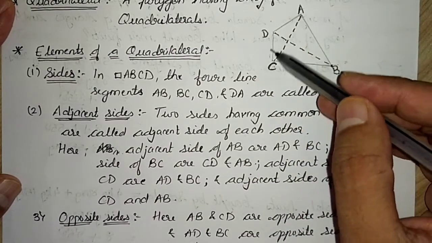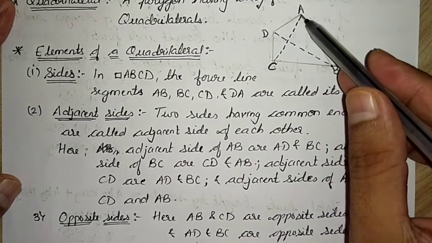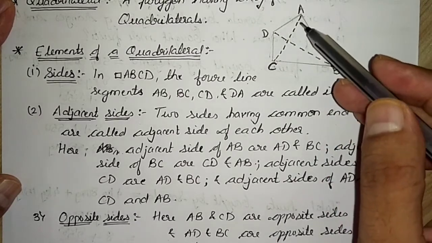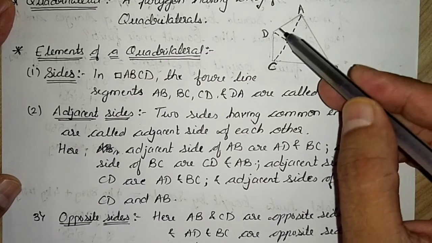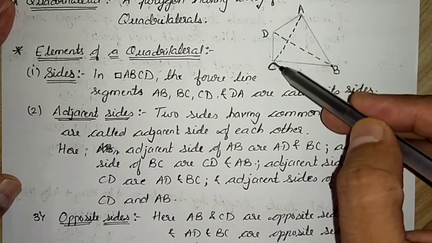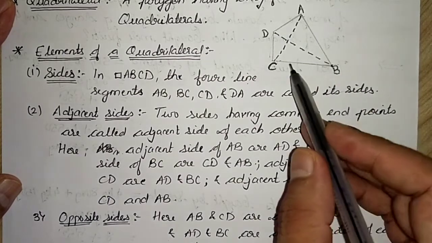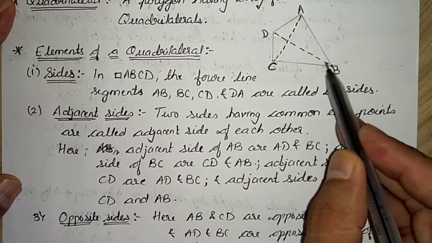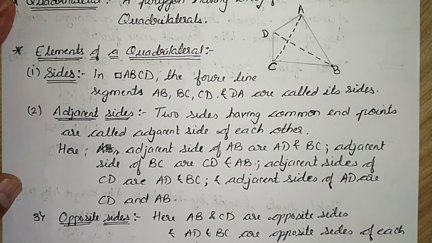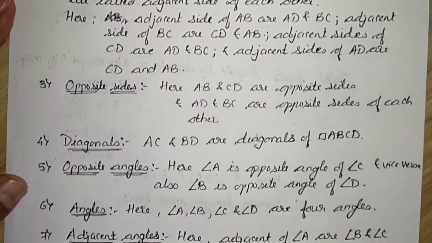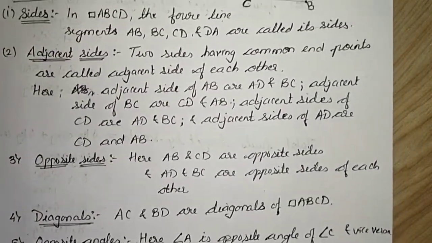Similarly, adjacent sides of CD will be BC and AD. Same way, adjacent sides of AD will be AB and CD. So whenever I say adjacent sides, that means two sides having a common point between them are known as adjacent sides.